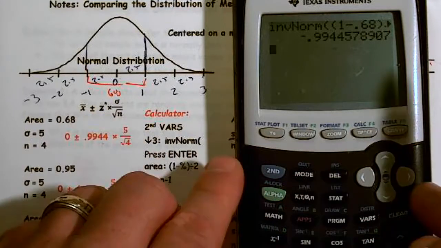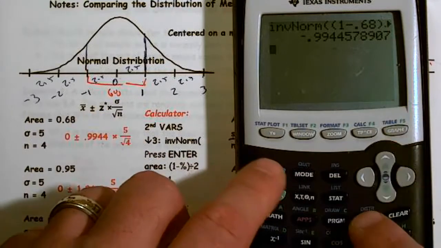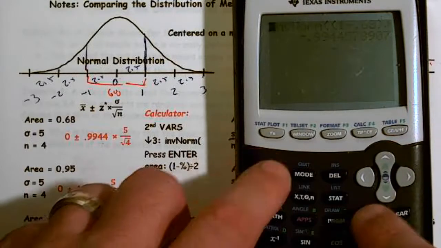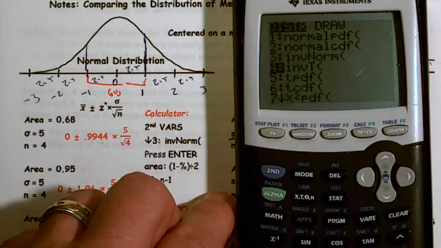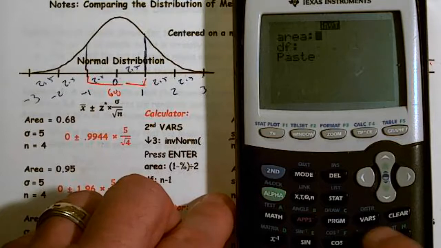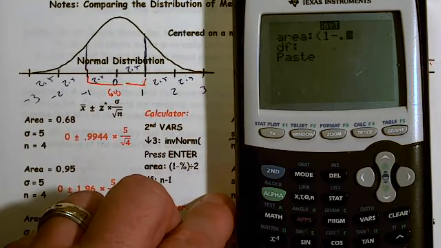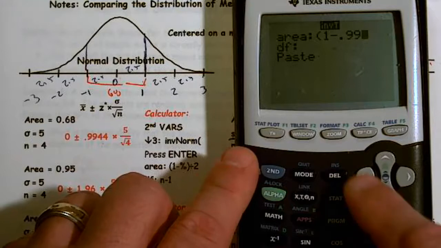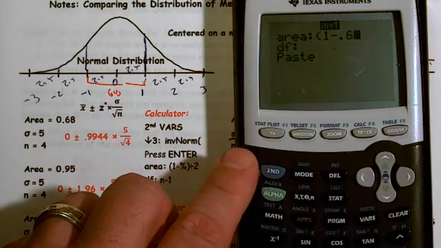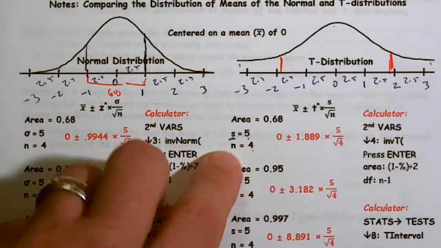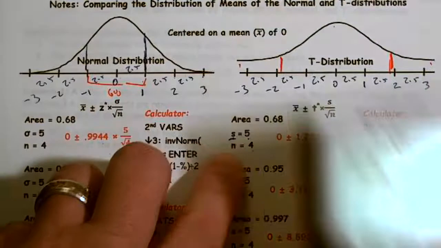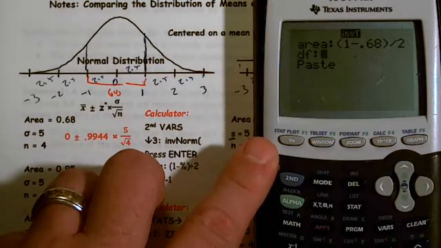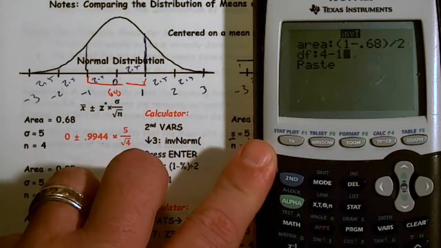All right, now, if we want to do the t distribution, we're going to go second vars, inverse t, parenthesis 1 minus 0.68, because we're going to do the 68 percentile, and divide by 2, degrees of freedom. Well, what were my degrees of freedom? My sample is size 4, so my degrees of freedom are 4 minus 1, or I could have just typed in 3 if I'd like to.